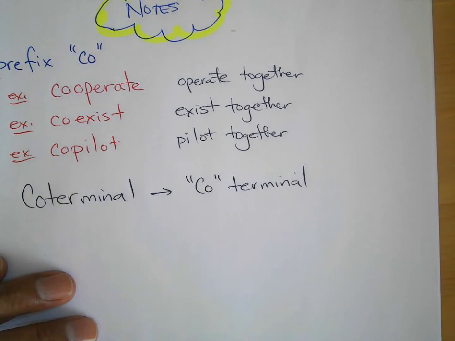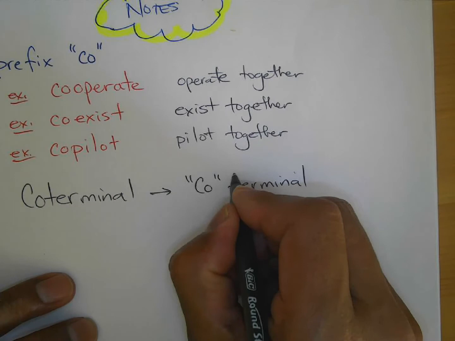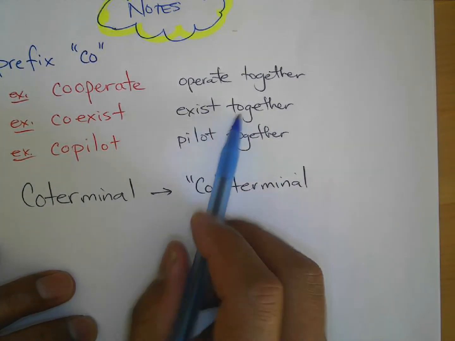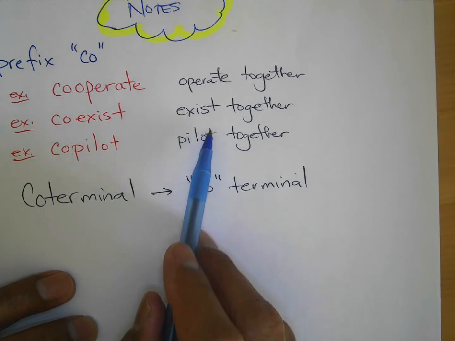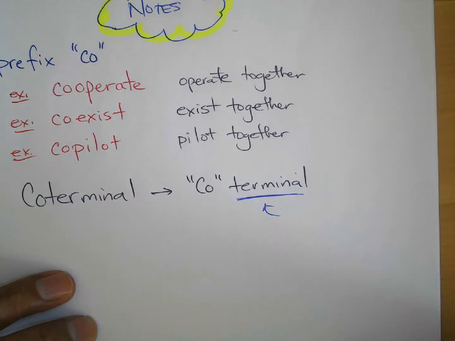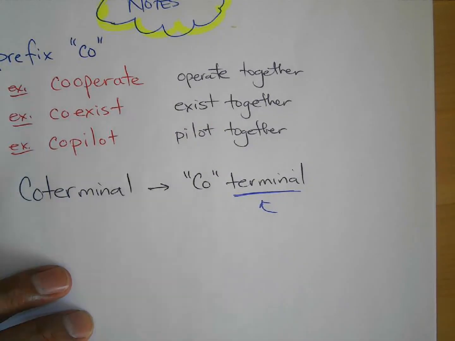We've talked about this word terminal also. There's also another word here, right? Terminal. Co, I know, is like together, or like we were just looking up here. But we got to go back and remember what the root word of the word terminal is. Terminal comes from the word terminate.